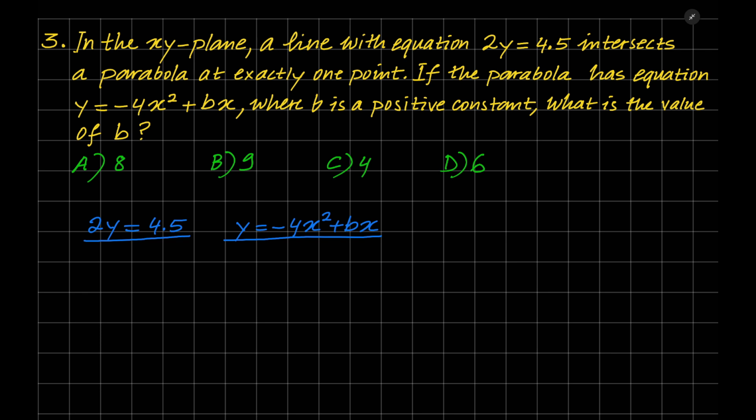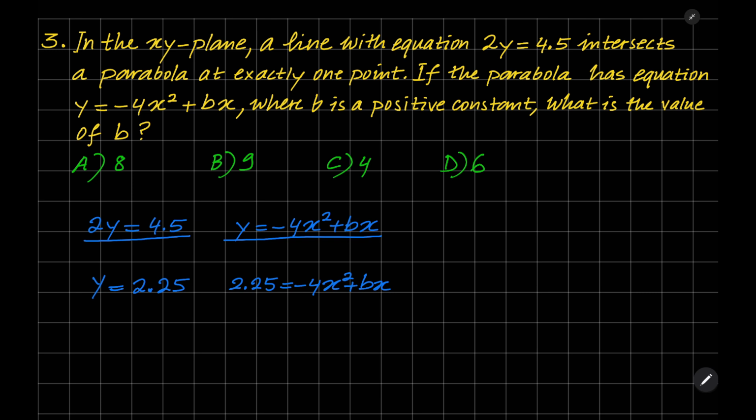Dividing both sides of the equation of the line by 2 yields y is equal to 2.25. Substituting 2.25 for y in the equation of the parabola yields 2.25 is equal to minus 4x squared plus bx.